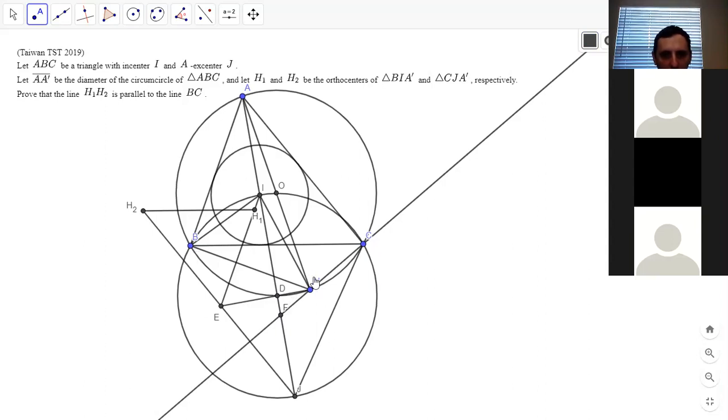EID is BA'D. Yeah, and with EJD equal to DA'F. Okay, I think I see what you're saying. That would prove that these three are collinear, right? Yeah. Okay. All right. I might add point F back in when I do the final solution.